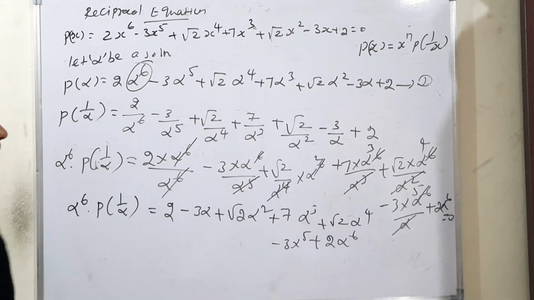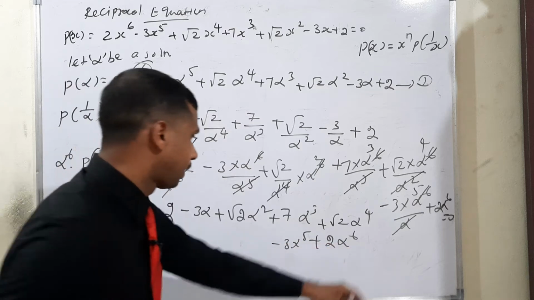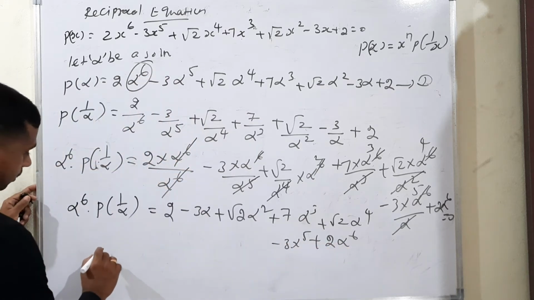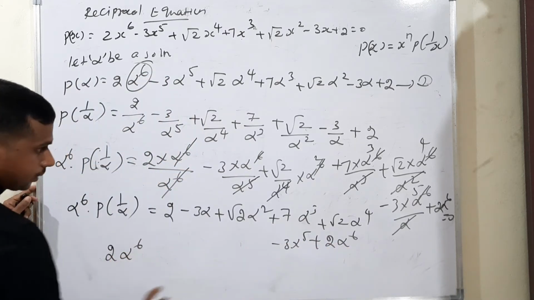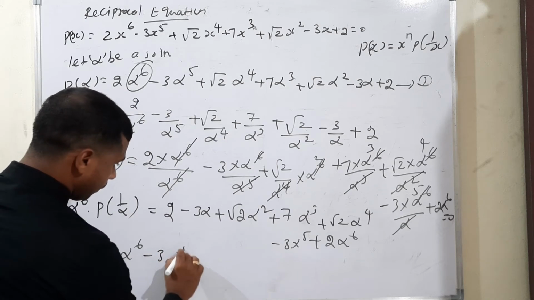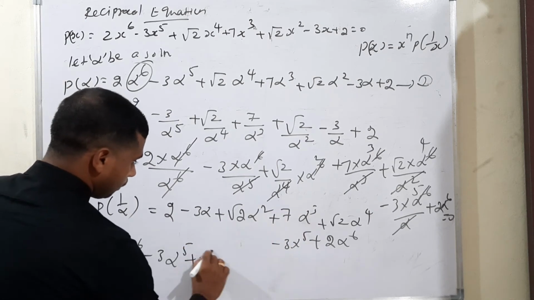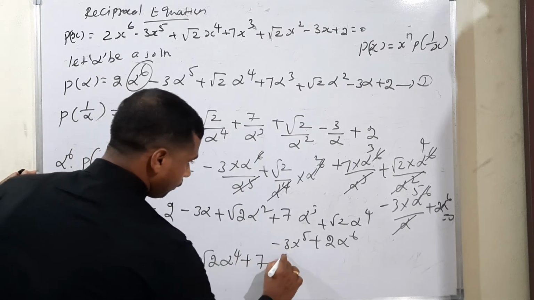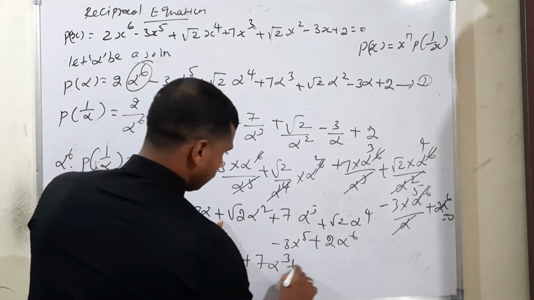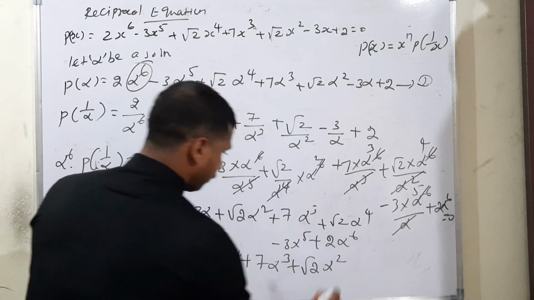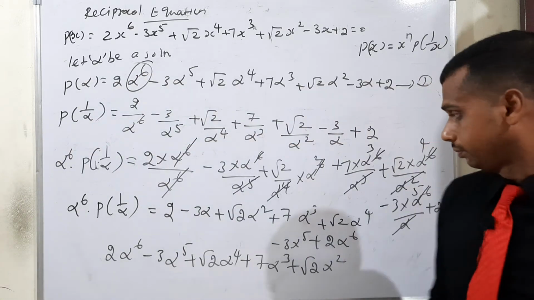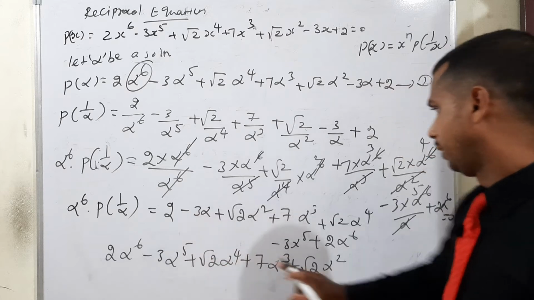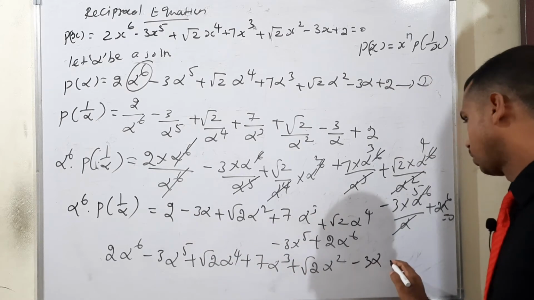Starting with the highest term, we can write 2 alpha power 6, next minus 3 alpha power 5, next plus root 2 alpha power 4, plus 7 alpha cube, next plus root 2 alpha square, next minus 3 alpha, and the last one the constant.